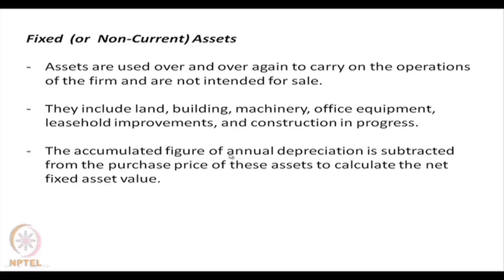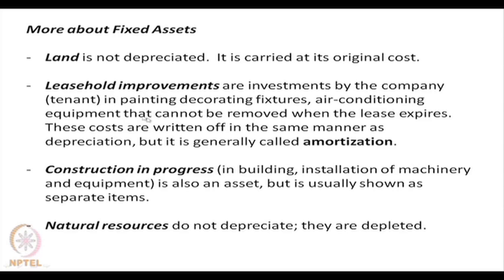The accumulated figure of annual depreciation is subtracted from the purchase price of these assets to calculate the net fixed asset value. This we have already discussed. Land, unlike equipment, building and machinery, is normally not depreciated, it is carried at its original cost.